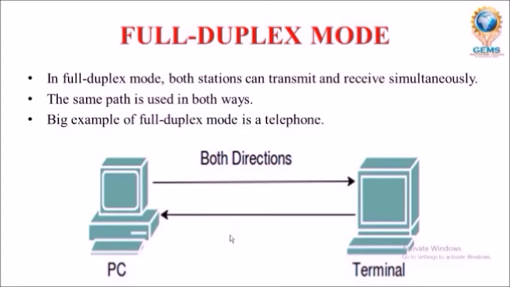Because through the telephone we can speak and we can listen, right? The same device is used for sending, and at the same time it can also receive. So here is the best example of the full duplex transmission mode, where this is the sender and this is the receiver. The sender can also receive at the same time, and the receiver is also able to send messages to the sender once again, right? Okay, fine.